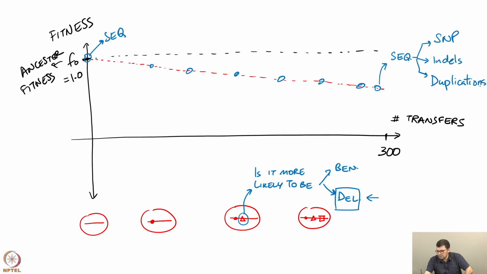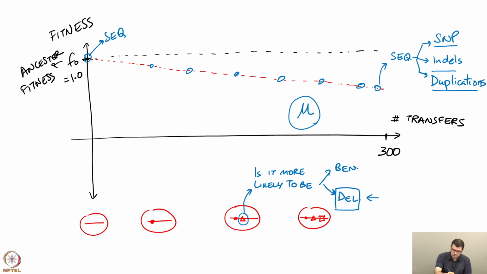I will quantify this, and this gives me very detailed information, not just about the mutation rate, but the mutation rate associated with each one of these types of mutations. So, that is another important piece of data that comes out of these mutation accumulation experiments.